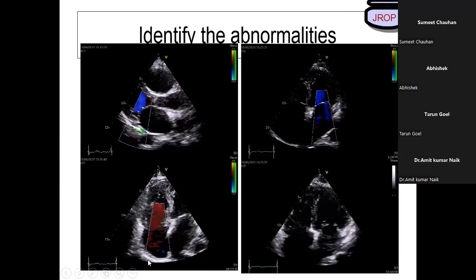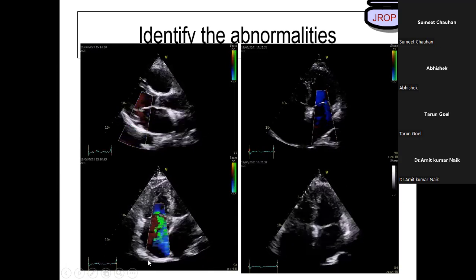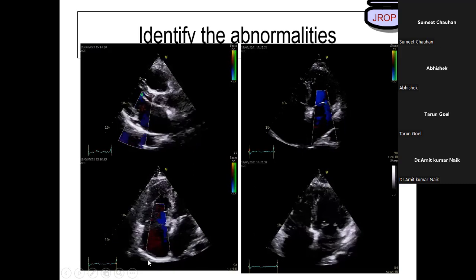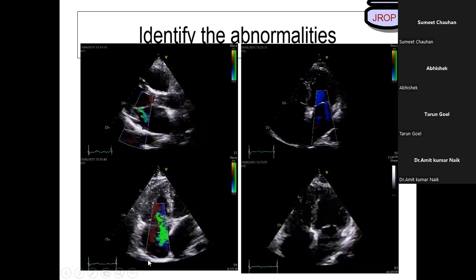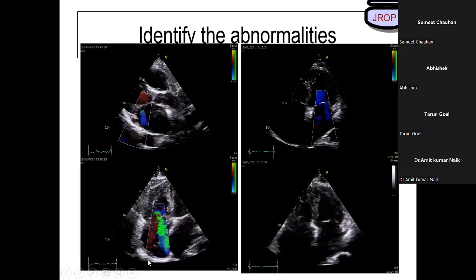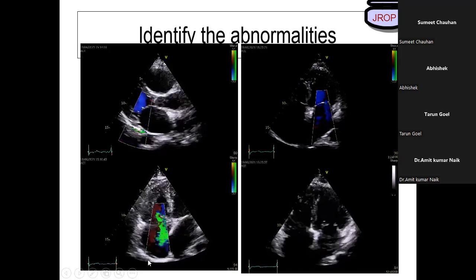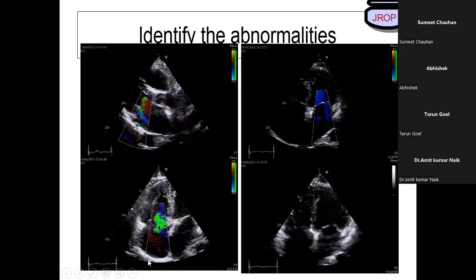Now some findings on two-dimensional echo. Do you see something different in this window? It's very categorically seen.